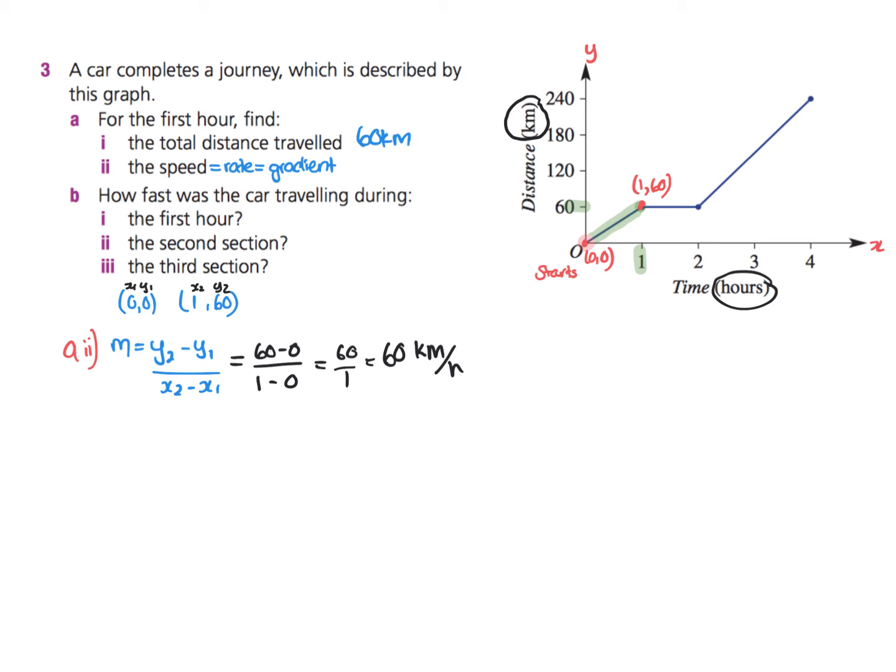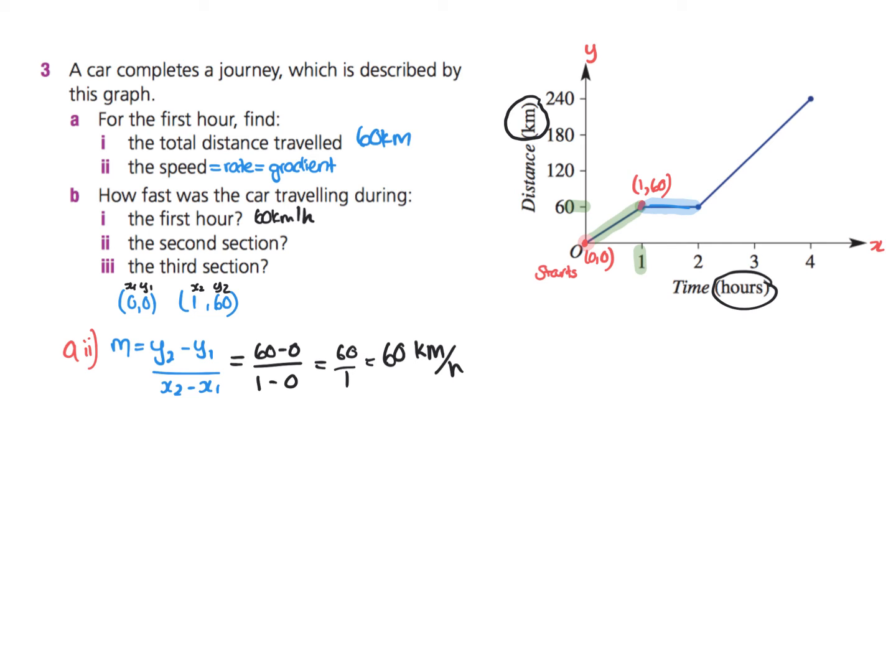Then we look at the next part of the graph. How fast was the car travelling during the first hour? We've already worked that out: 60 kilometres per hour. And how fast was the car travelling through the second section, this bit here? If you're 60 kilometres from where you start, and after an hour you're still 60 kilometres away, how far did you travel in that blue section?